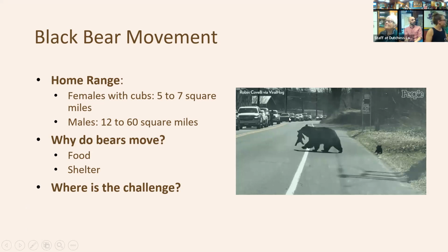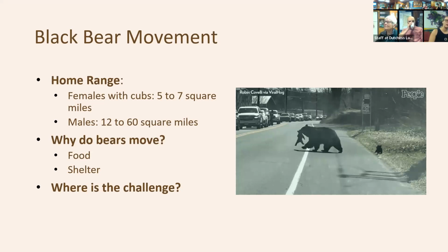So the question is, what sort of barriers do roads serve for these bears? Why do we care? Well, the bears are again moving because they need food and shelter and water. And scientists have studied bears by putting heart rate monitors on them along with GPS trackers to start to understand when they exhibit stress responses. So basically when the heart rate is more elevated than they would expect based on the movement that they're seeing on the GPS tracker.